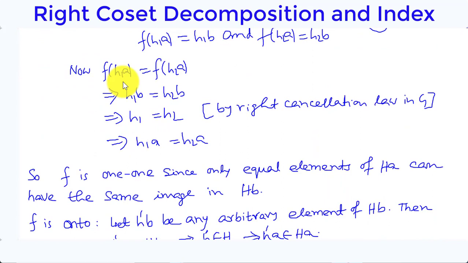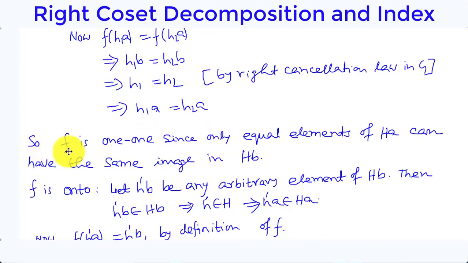Now, f of h1a is equal to f of h2a implies that h1b is equal to h2b, implies that h1 is equal to h2 by right cancellation law in G, implies that h1a is equal to h2a. So, f is 1-1, since only equal elements of Ha can have the same image in Hb.